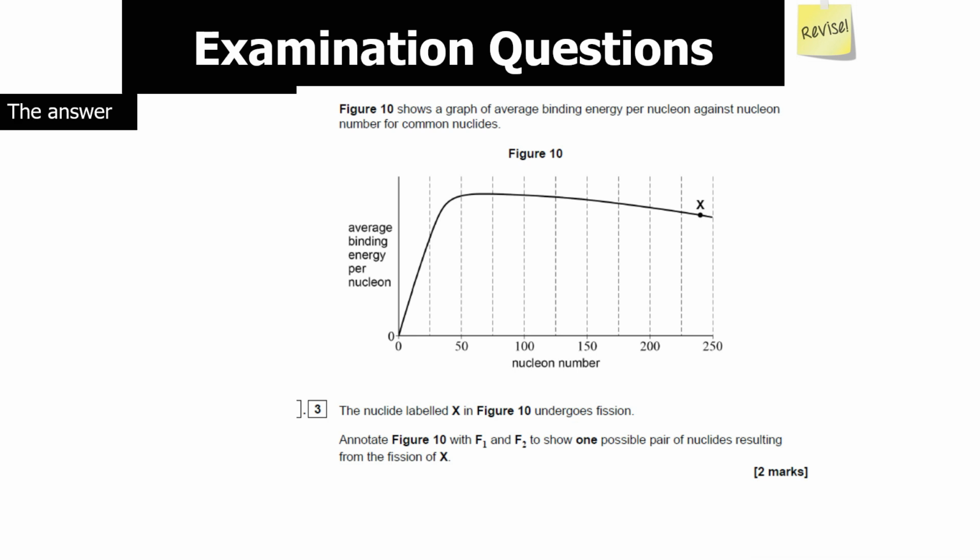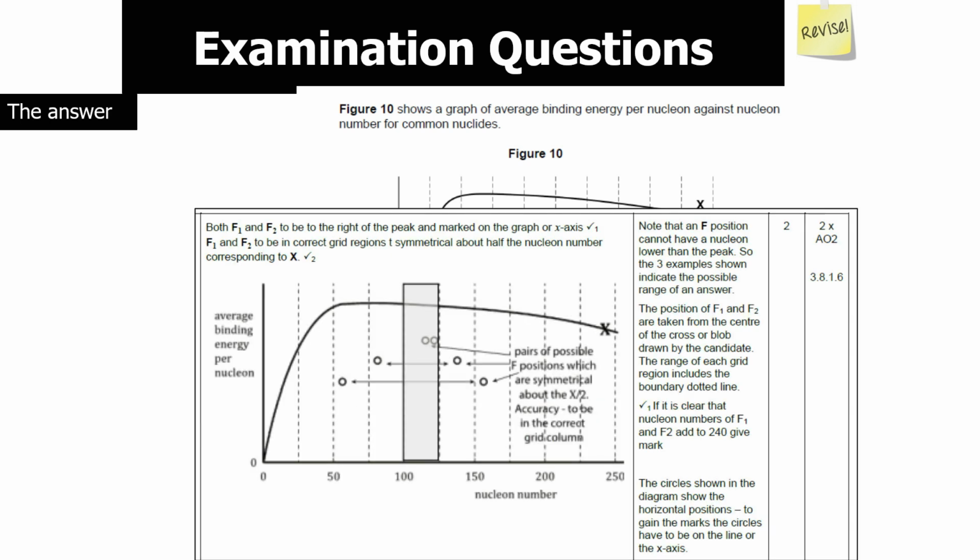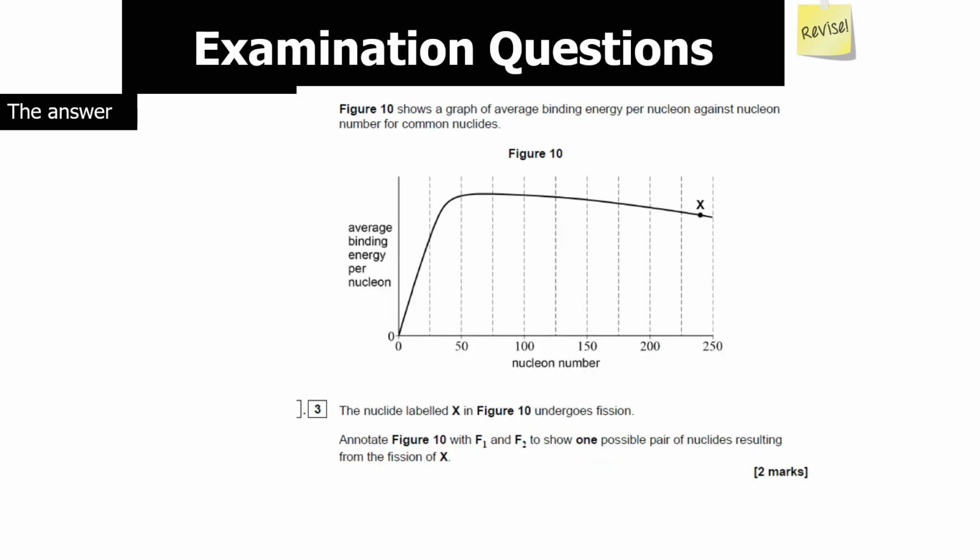Right, so how do you answer this particular question? You've got to think that F1 and F2 have to be to the right of the peak, and they're marked on there on the x-axis. Again, they've got to be in the correct region, so they're symmetrical about half the nucleon number. The two values have to approximately add up to that value of about 240.